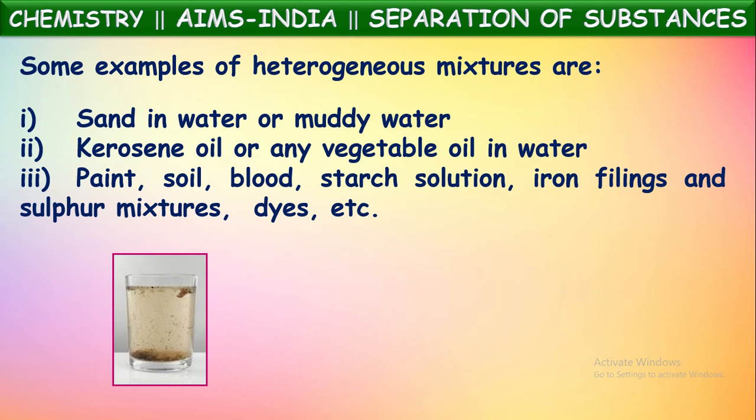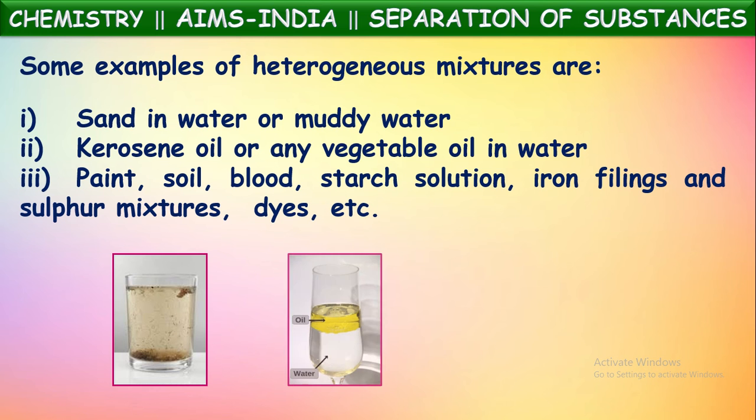In muddy water also, in the same way, mud particles can be seen clearly. So this comes under heterogeneous mixtures. And the next one, kerosene oil or any vegetable oil in water. Just now we have seen oils won't mix with water. So we can say oil will float on the water and can be seen clearly.